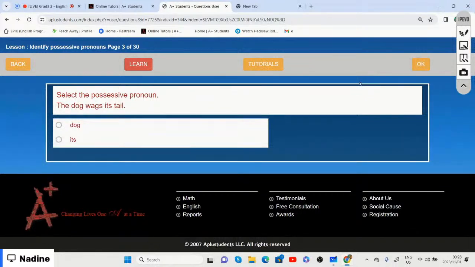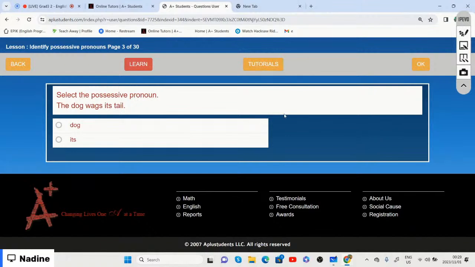Then we also have, you need to select the possessive pronoun. The dog wags its tail. So the dog wags its tail.